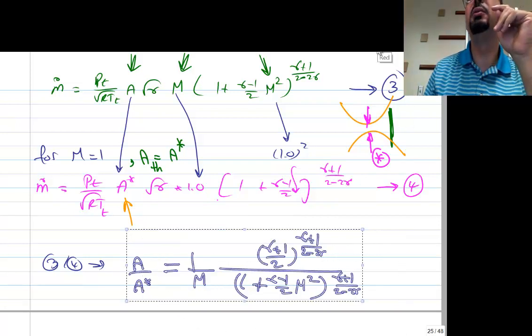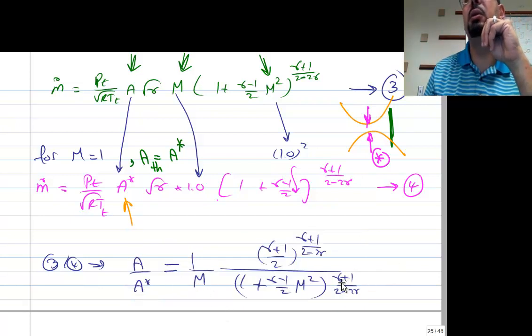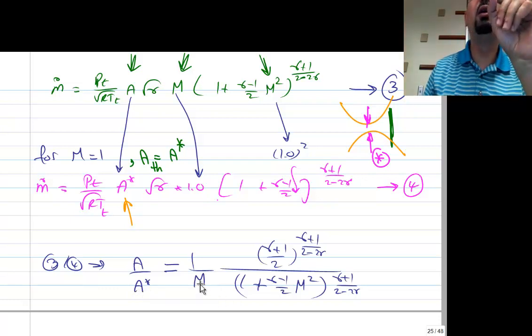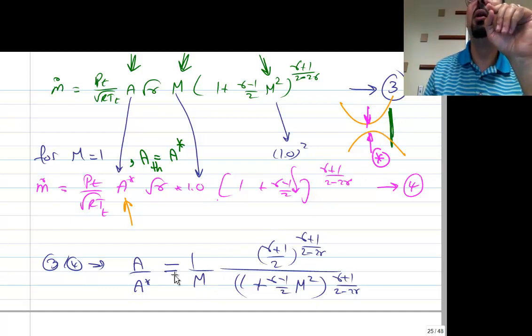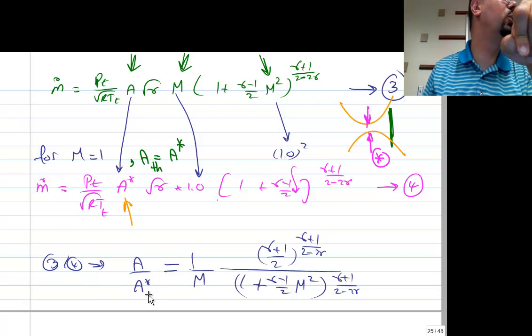This equation is the relation between area and the Mach number, in terms of area star, of course. Basically, this tells you if the Mach number is 3 here, what should be the area over area star that will do this for you?